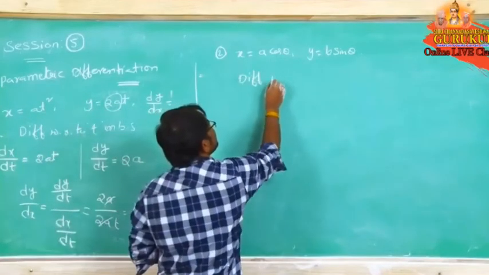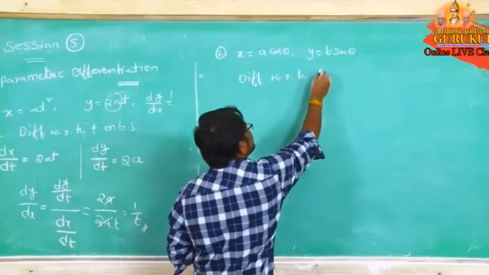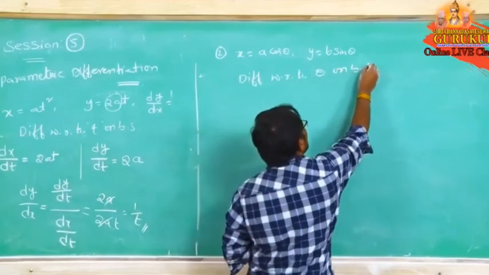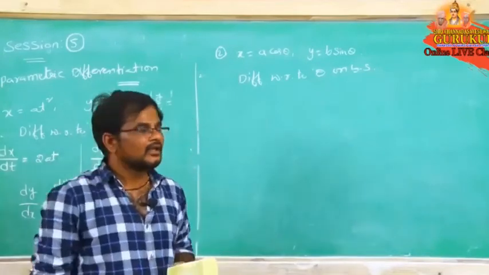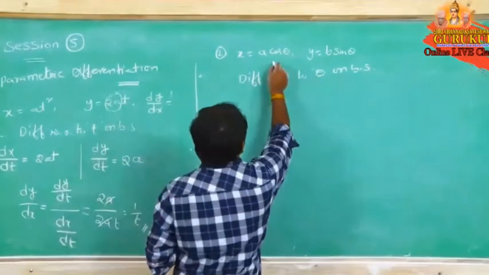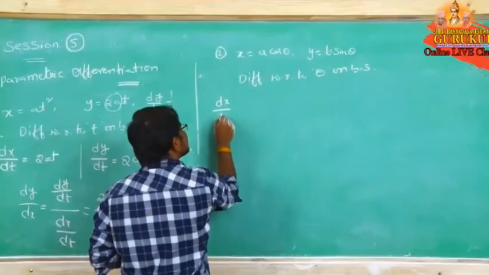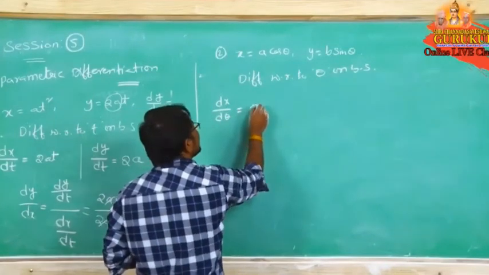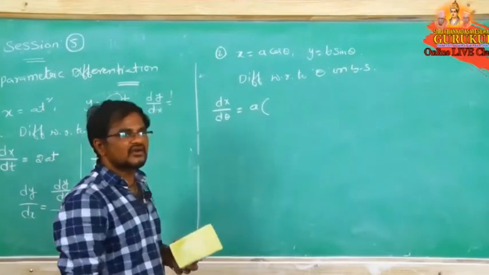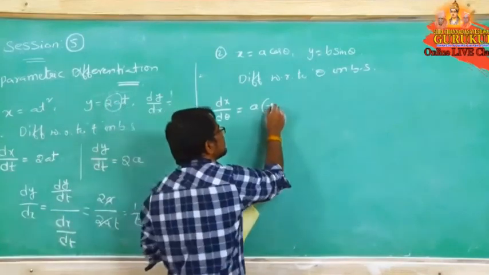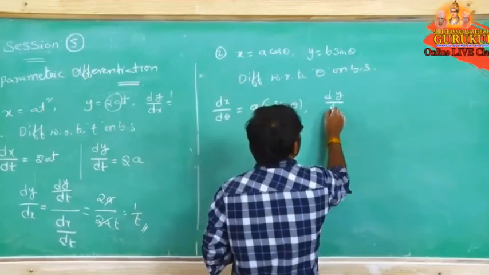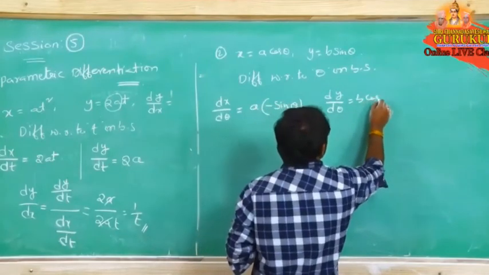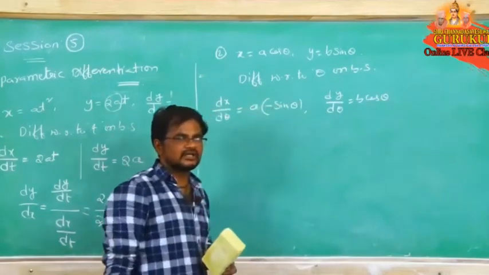Differentiating with respect to theta on both the sides. Here our parameter is theta. Now differentiating with respect to theta on both the sides, dx by d theta equal to a into differentiation of cos theta, minus sin theta, and dy by d theta is b cos theta, right?